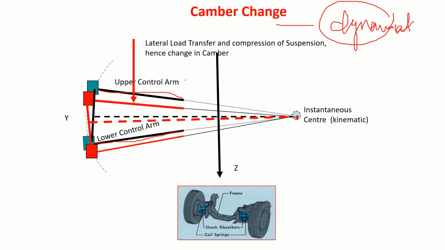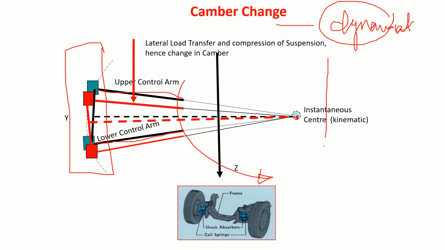Suppose this vehicle is taking a turn like this. This is the right side or outside, and this is inside. Again, you will have the same kind of condition. There is going to be a lateral load transfer from left to right. Because of this load transfer, the wheel may assume a new position. That's what I said, camber changes.